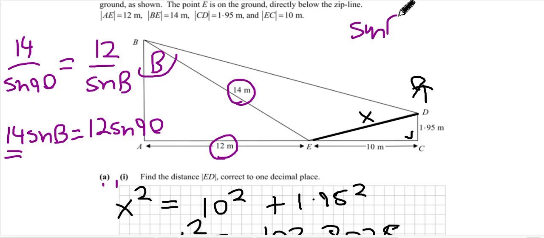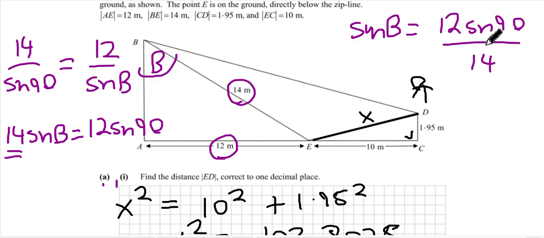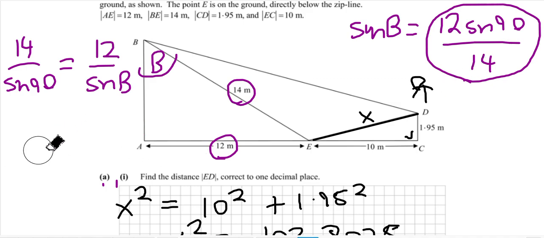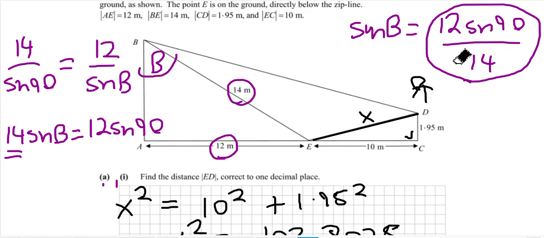Underneath. So 12 sine 90 over 14. Guys, can you put this into your calculator for me? And what do you get?